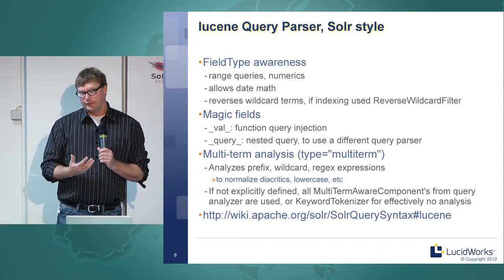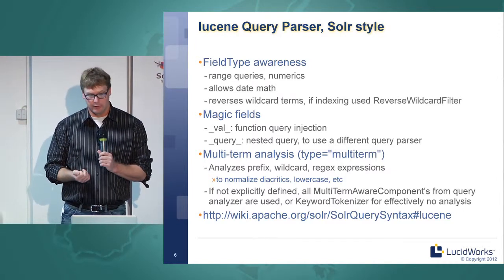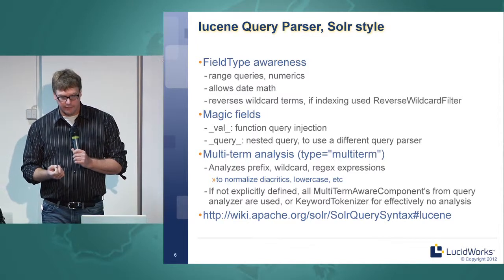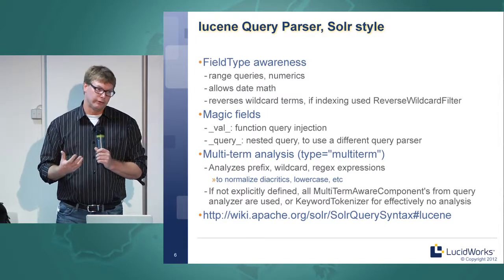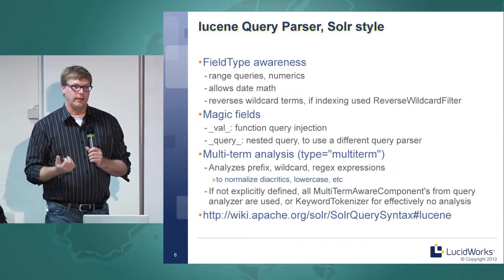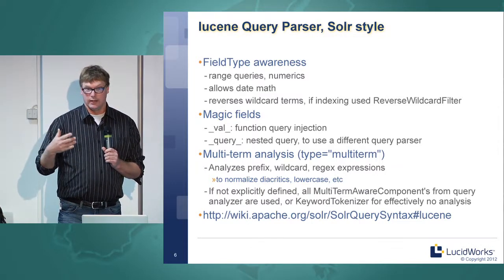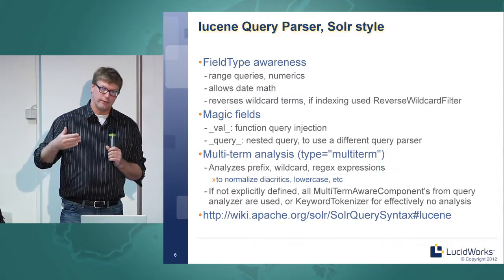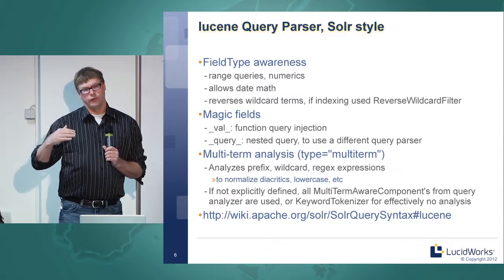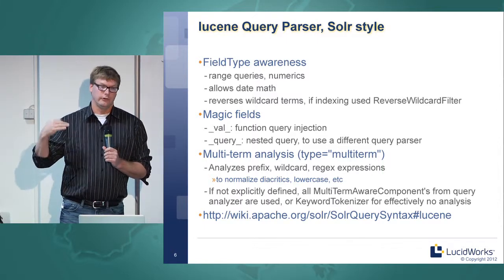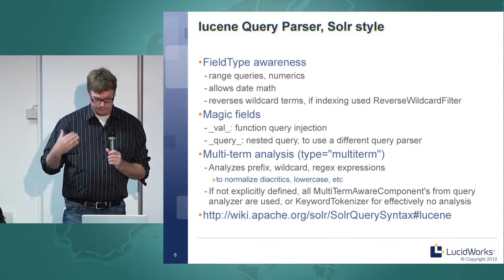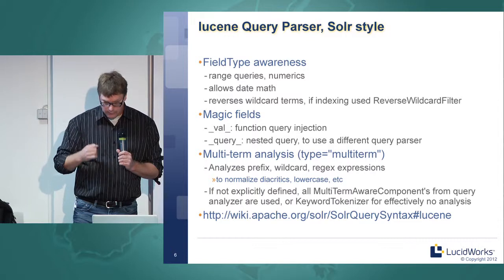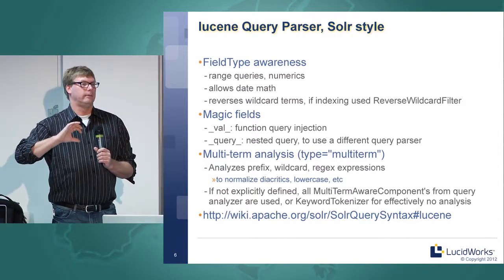Even without specifying type equals multi-term, you can benefit from this capability because it automatically will create a multi-term analysis chain based on the query time analyzer, and any of the character filters, tokenizers, and token filters that implement an interface called multi-term aware component, it will automatically build up a chain of those.